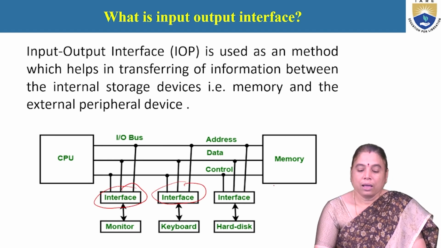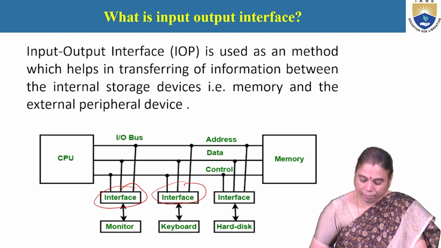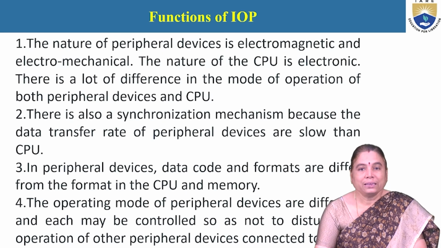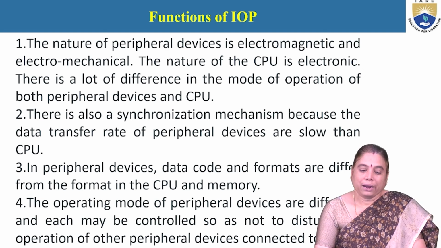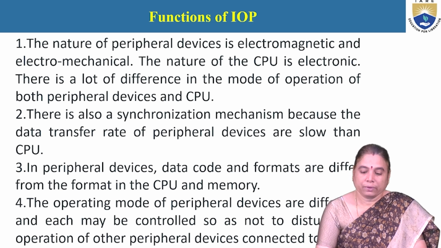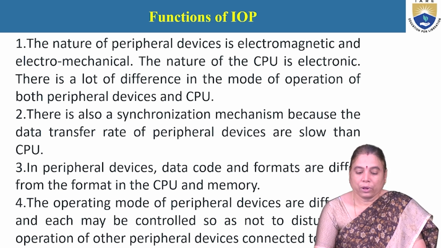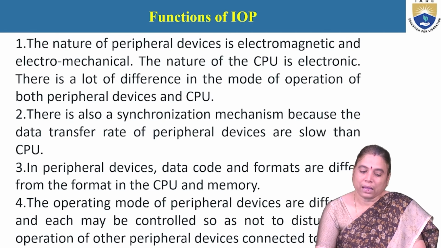That is called IOP. Why is this IOP needed? The nature of the peripheral devices is electromagnetic, but the computer components are electronic devices. So the modes of operation of both have to be matched.